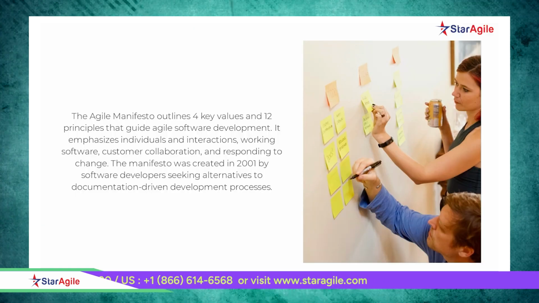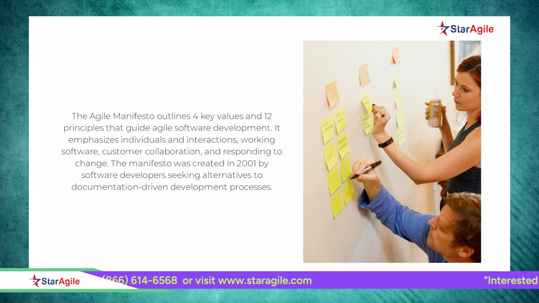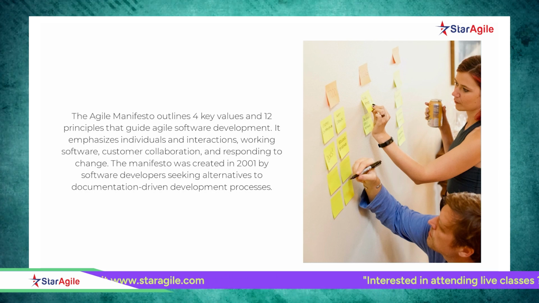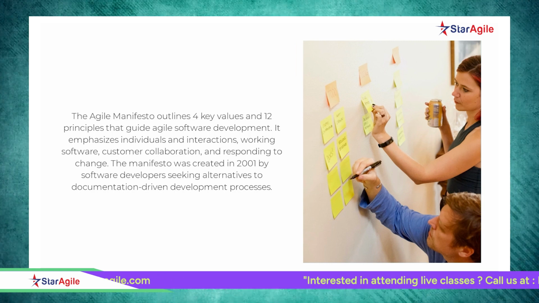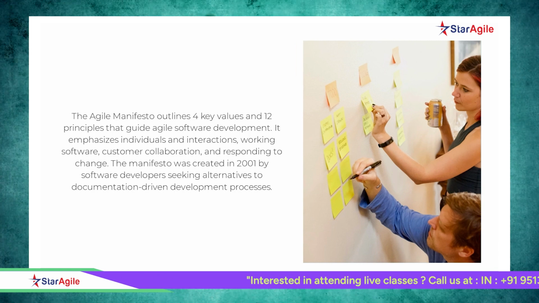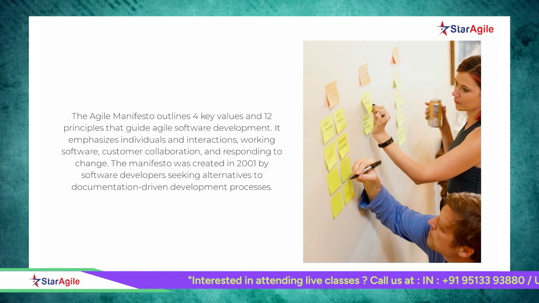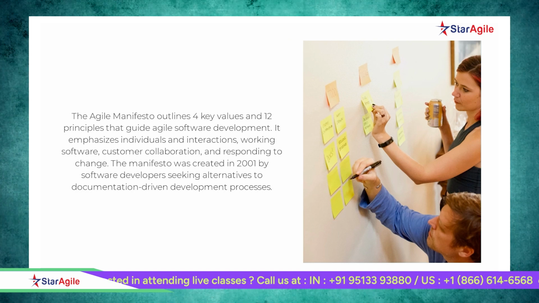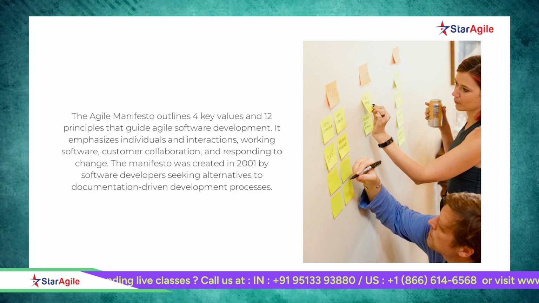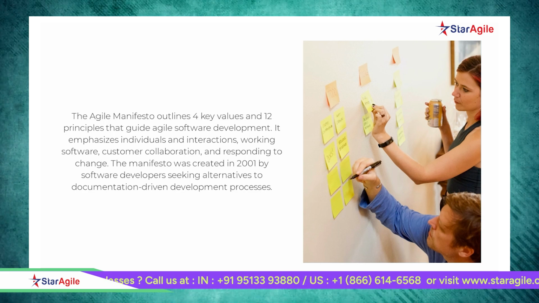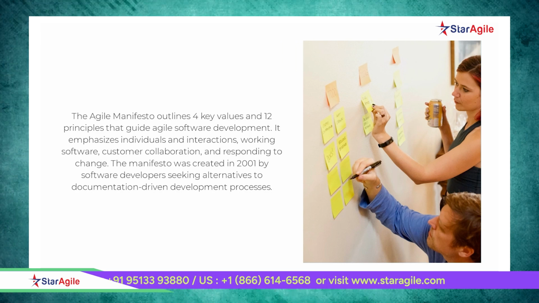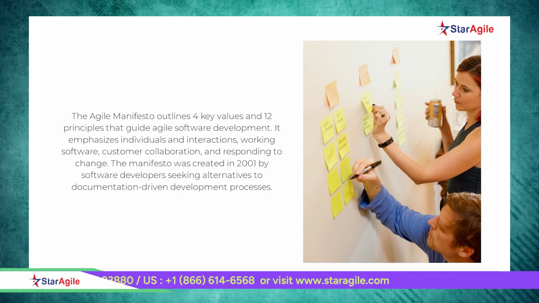The Agile Manifesto is not just a statement of values. It's a beacon for all those looking to embrace change in the fast-paced world of software development. It emerged from a gathering of industry thought leaders who were frustrated with the constraints of traditional project management methodologies. They sought a more efficient, responsive way to deliver software, leading to the creation of a manifesto.